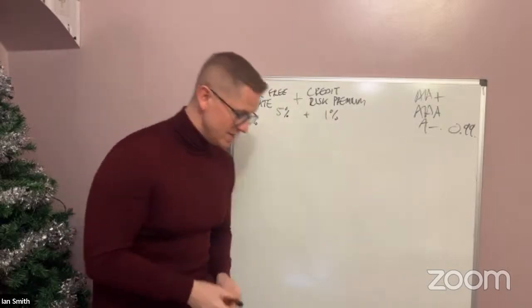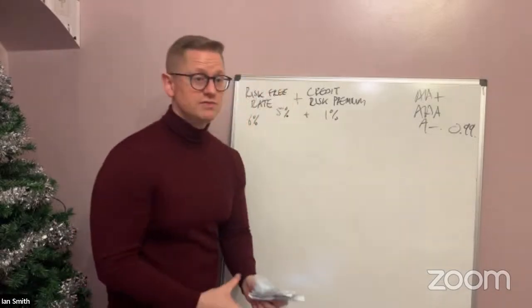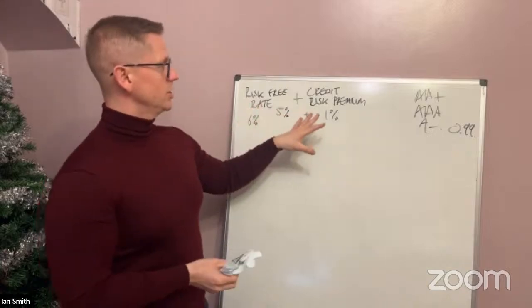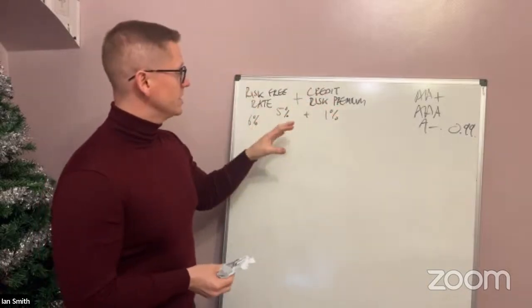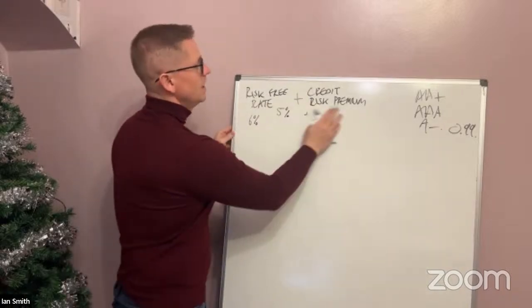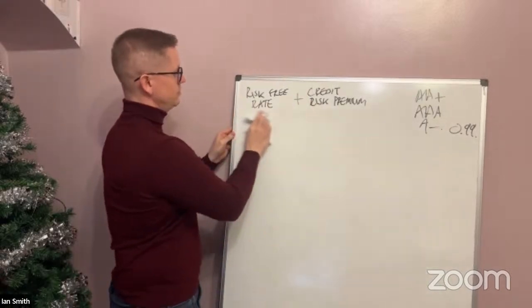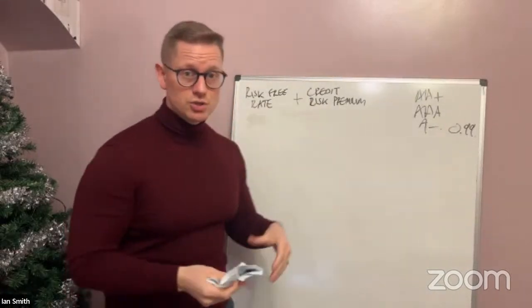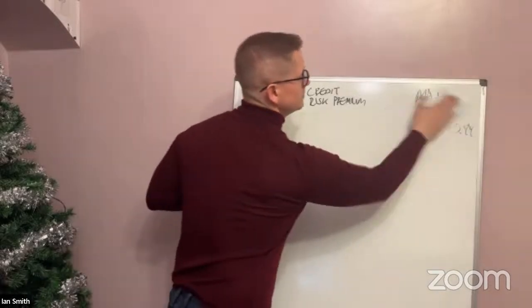Now, there's another way we can calculate the cost of debt without needing to look at credit ratings or trying to compare it to debt premiums. And you can do this through the balance sheet and also some notes in the financial statements as well.